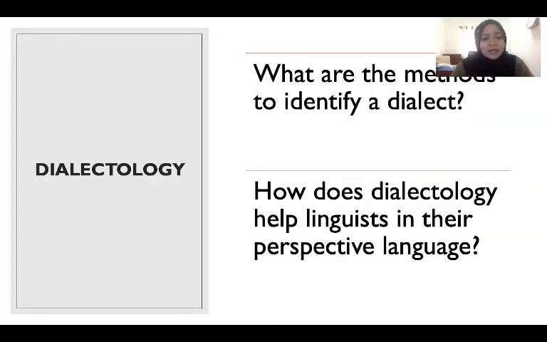In our previous class, we identified 3 to 4 methods of dialectology. Okay, so I want you to be able to recall what are the methods to identify a dialect. There are 3 to 4. What do we compare? Do we compare different languages, or do we compare different dialects?